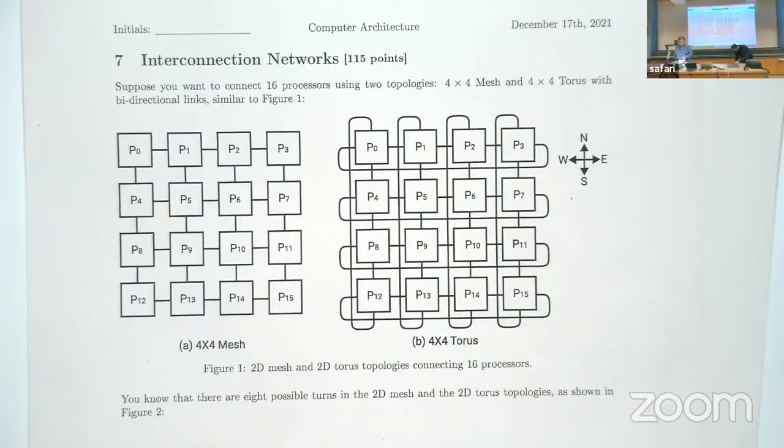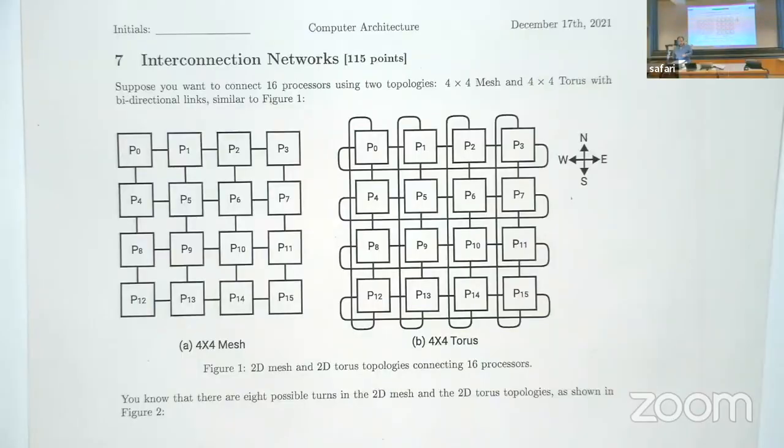The first one is a mesh, and the second one is a torus. So I guess you are aware of these 2 topologies from Professor Mutlu's lectures. So we are going to design some routing algorithms for these 2 topologies.